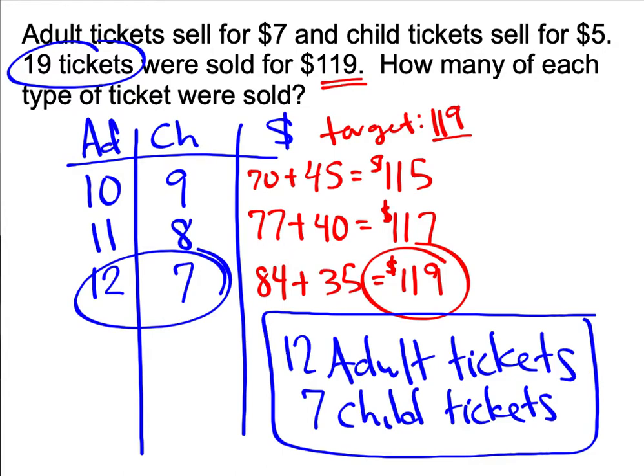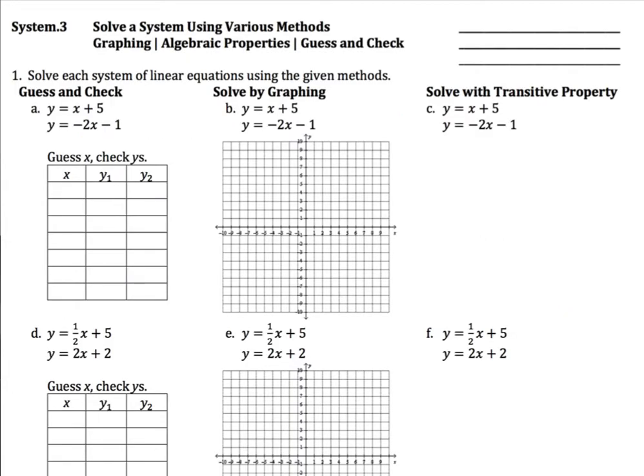These can, of course, be solved using a method where you would write an equation and then maybe use the transitive property or graph them, and you would get the same answers. In your practice, on number 1, you're going to do the same problem 3 times. 1 doing guess and check, then by graphing, then by the transitive property.